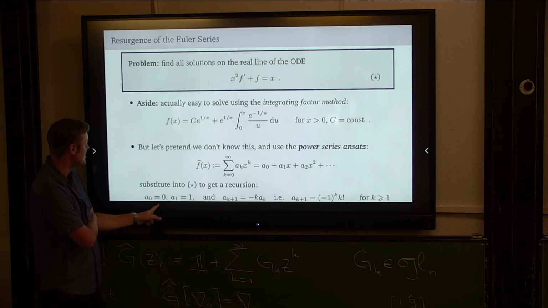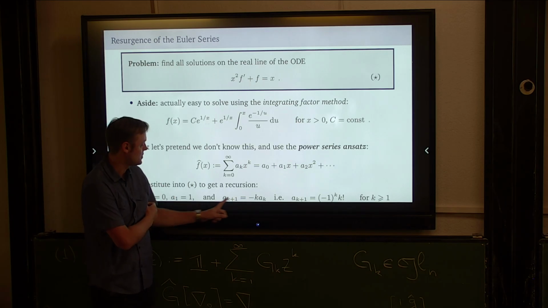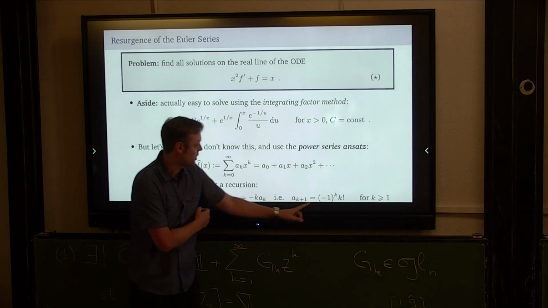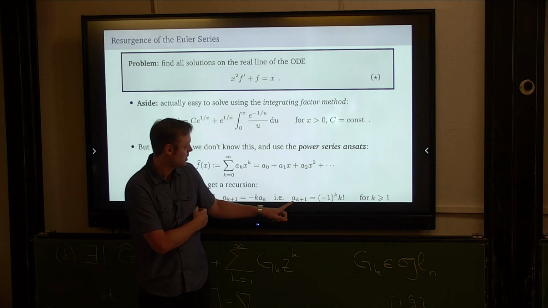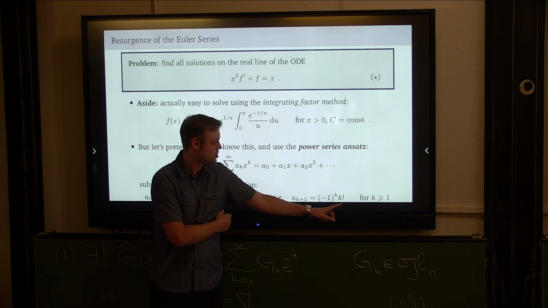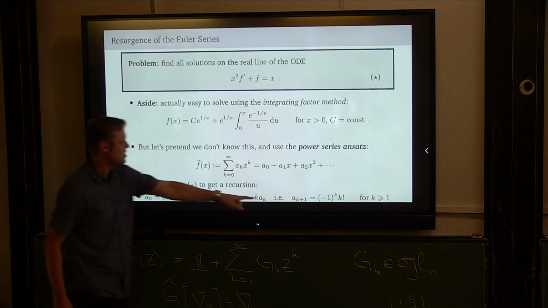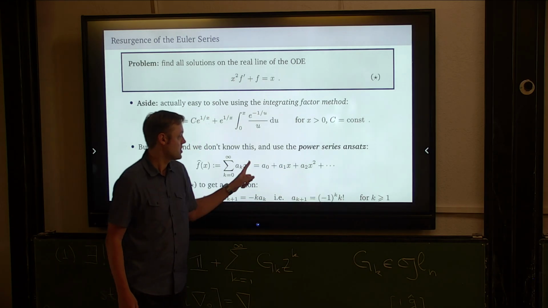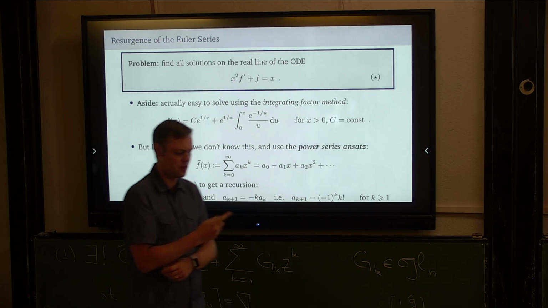Anyway, the leading coefficient is 0, the next coefficient is 1, and all the subsequent ones satisfy this beautiful relation, which you can unpackage and repackage into an explicit expression for the coefficients, which is just this alternating k factorial. And so this immediately shows you that because of the k factorial, this power series is not convergent. You use a comparison test or whatever.